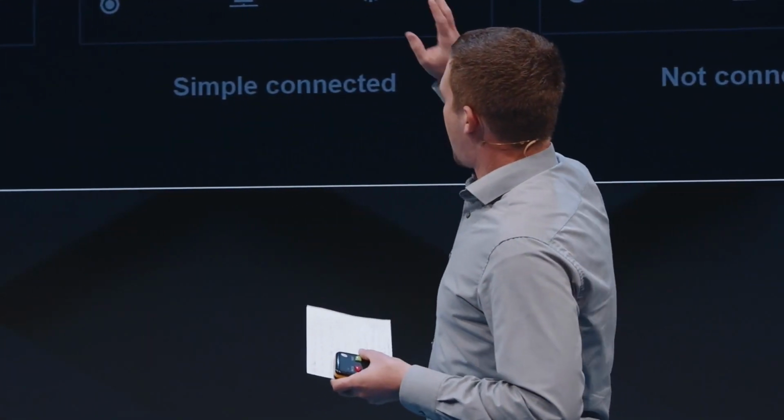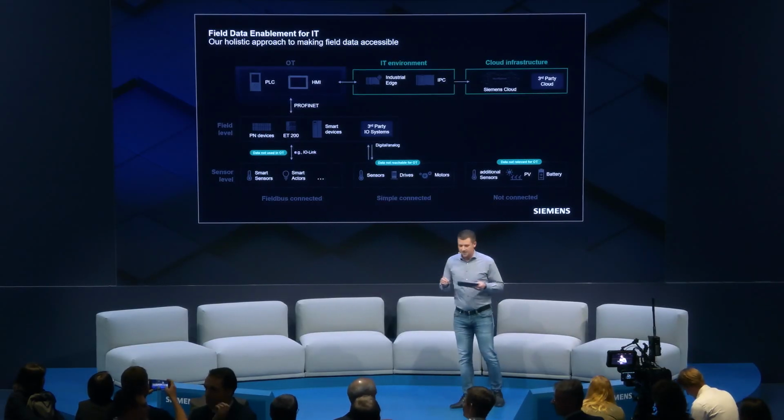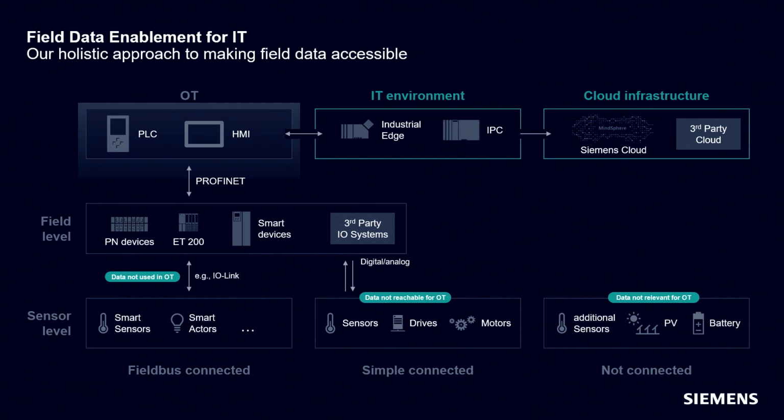So, therefore, we have to understand how the world is right now. Today's situation is that we have a cloud infrastructure, we have an IT environment, and we have an OT system. And typically, for all cases of cloud infrastructure or IT environment, we use the OT data coming from the PLC or the HMI system.